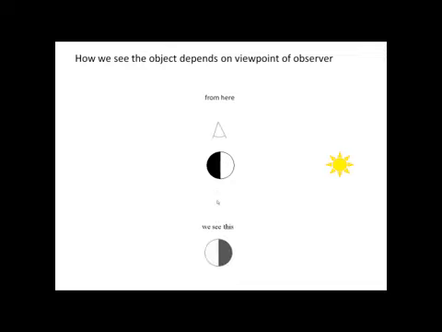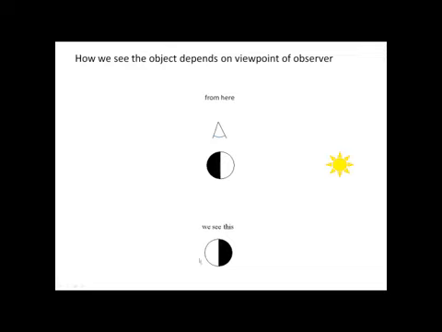However, from here, notice that in the previous image the observer saw the right-hand side of the object illuminated, but here the object is illuminated on the observer's left-hand side, because the observer's left-hand side is over here.